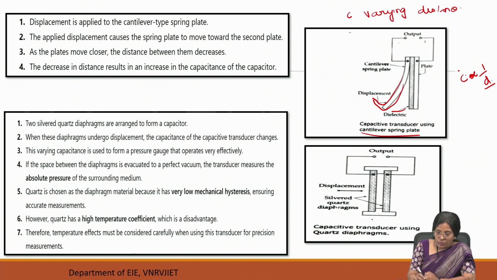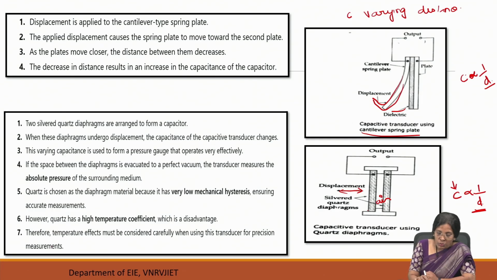In this example, 2 quartz crystals have been taken, and they act as diaphragms, with air as the dielectric medium. When a displacement is applied on these silver quartz diaphragms, the same principle applies: C is inversely proportional to D. When D is increasing, the capacitance is decreasing.